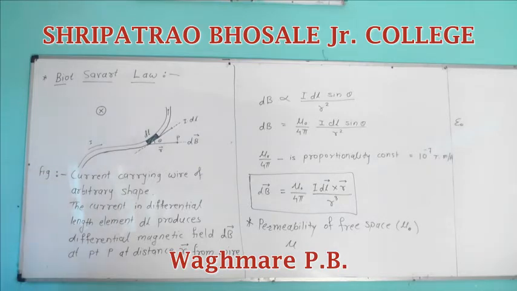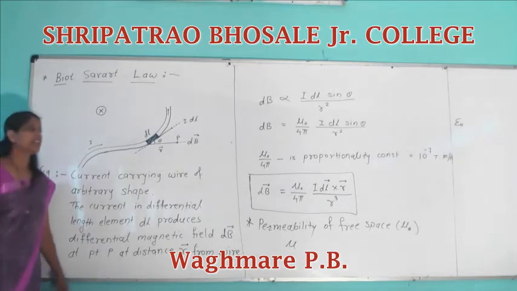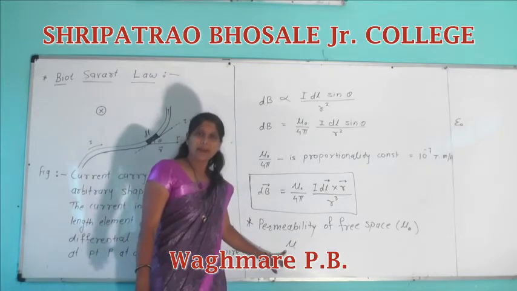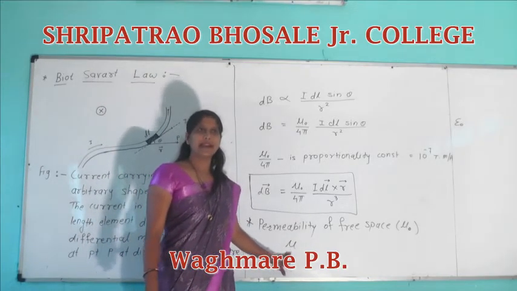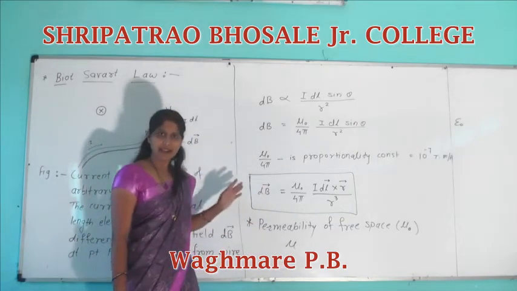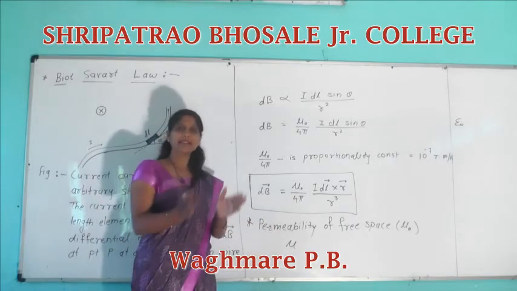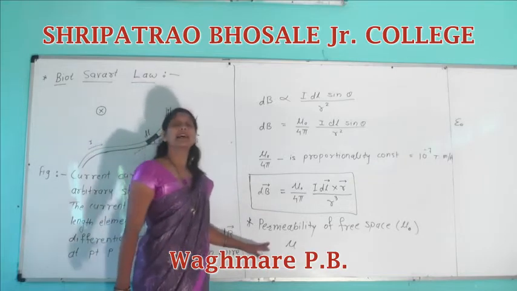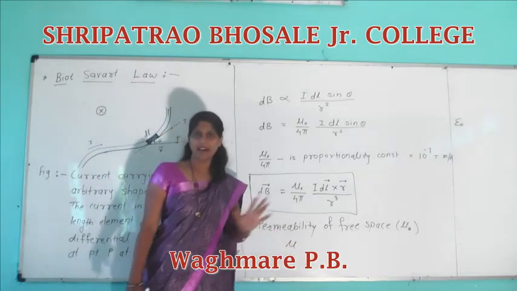Permeability can be said to be the number of magnetic lines of force that pass through a given substance when it is kept in a magnetic field.